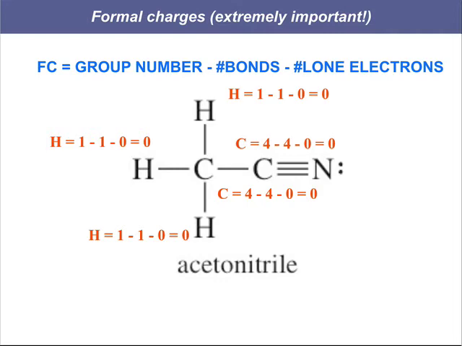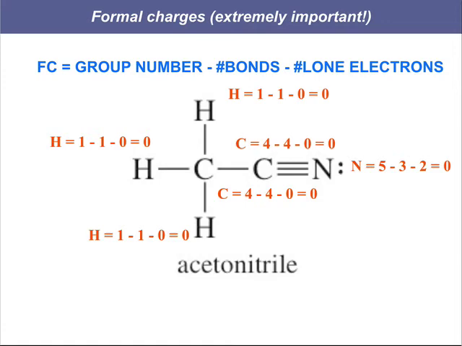It's also got 4 bonds. Now, the arrangement of the bonds is different. Instead of being 4 single bonds, it's 1 single bond and 1 triple bond, but it's still 4 bonds and no lone pairs. And so we end up with a formal charge of 0. And then nitrogen, like we did before, group 5 minus 3 bonds in the triple bond minus 2 lone electrons makes a formal charge of 0.